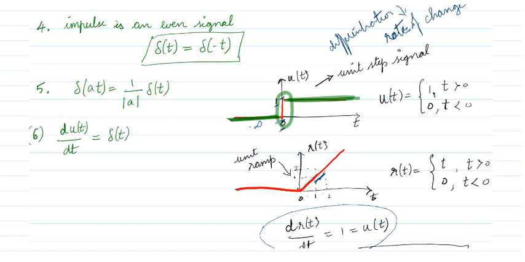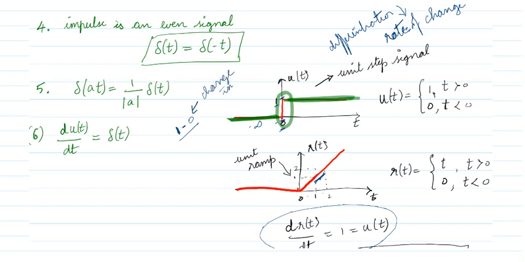Differentiation means rate of change. Okay. So during the positive time, there is no change, it is constant. During negative time also it is constant. So when there is a change, it is changing only at time 0. What is the change in amplitude? It is going from 0 to 1. So what is the change? Change is 1, that is 1 minus 0. This is the change in amplitude.